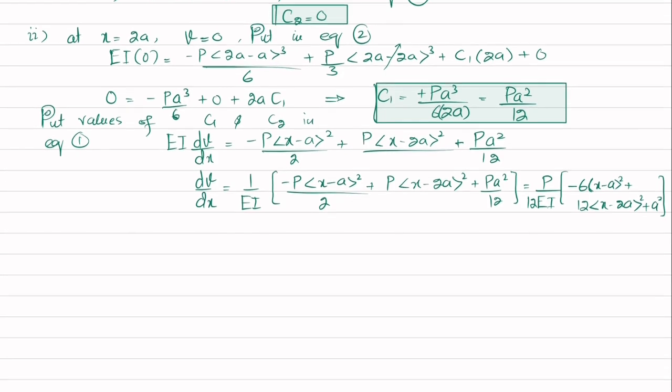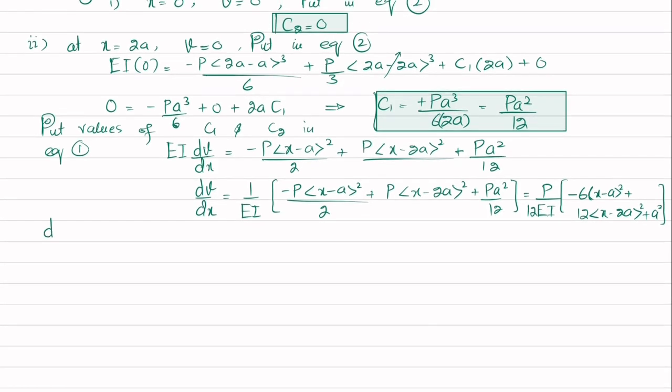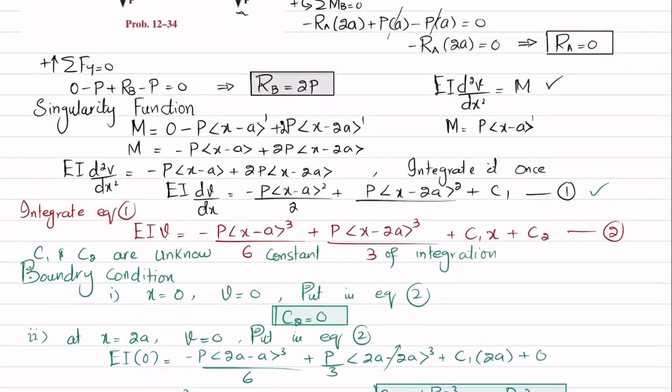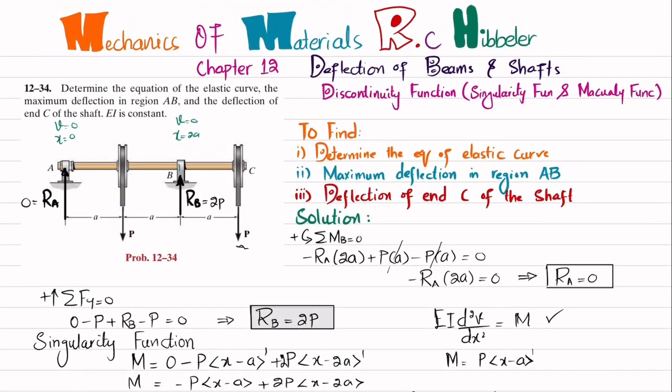And this is the equation of slope. So dv/dx is equal to P over 12 EI into minus 6 times (x minus a) whole square plus 12 into (x minus 2a) whole square plus a square, and let this be equation number 3, the equation of slope.